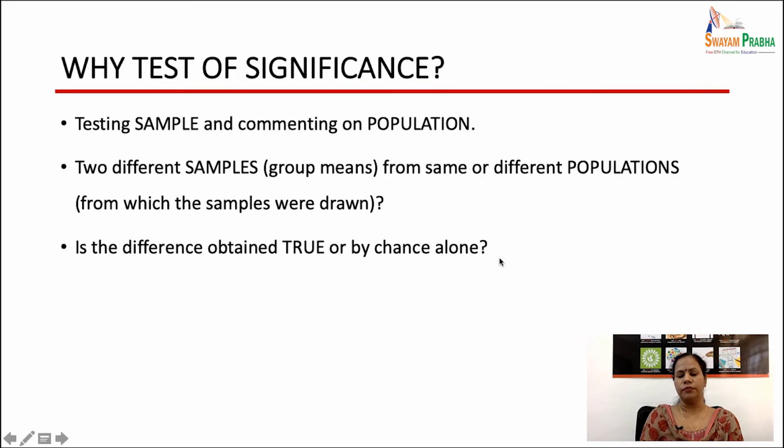So through the statistical analysis or through the tests of significance, we get to know whether the differences we are finding in the sample are the true differences, the valid differences, or by chance alone. To find this out, we set our level of significance, and based upon the level of significance, we can say whether our results are true or by chance alone.